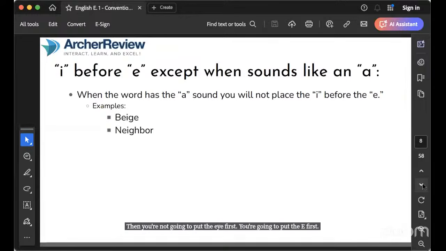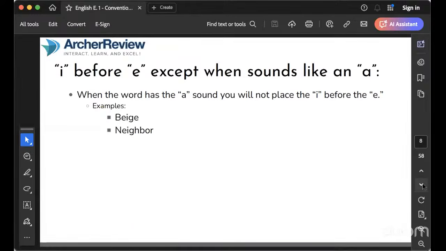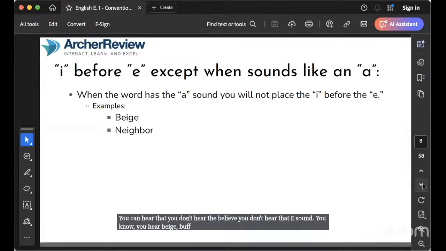For example, now I have a very southern accent, so just bear with me. You can just taste the cornbread from my accent, it's so thick. But when you say the word beige, you don't hear that E sound. You hear beige. You hear an A instead.